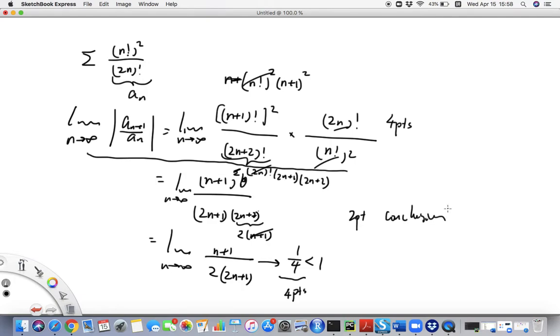Okay, so that's that. All right, so part B, sum n from 1 to infinity of (minus 1) to the n times (square root of n plus 1 minus square root of n minus 1).